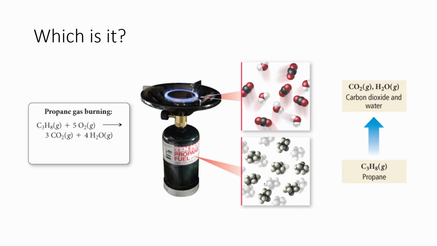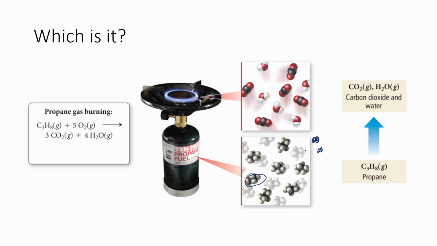Alright, what about propane gas burning? Here we have some propane molecules, which are a collection of carbons and hydrogens, 3 carbons to 8 hydrogens. And you combine this with oxygen, O2, which you don't see here, but that would be 2 little spheres bound to each other.